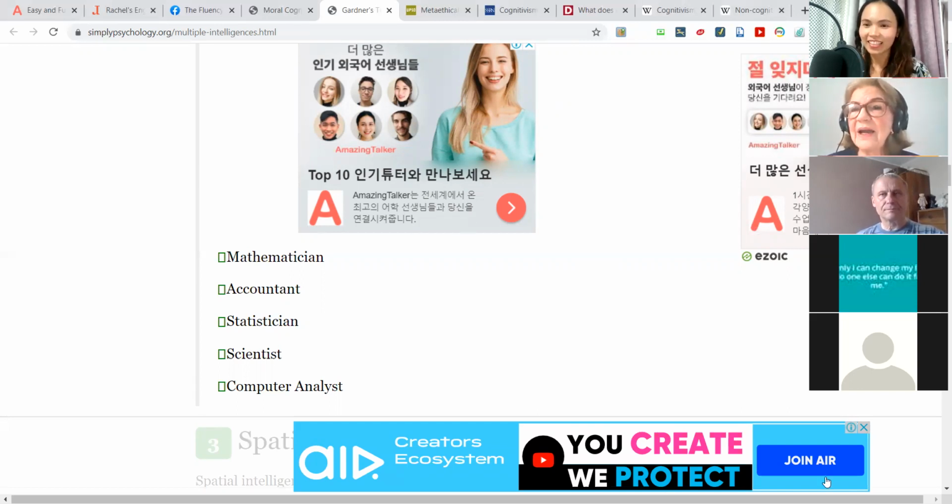So I have a question for the whole group. Do you think that this Gardner, is that his name? He mentioned different types of intelligence, but those types of intelligence, are they born with the person?